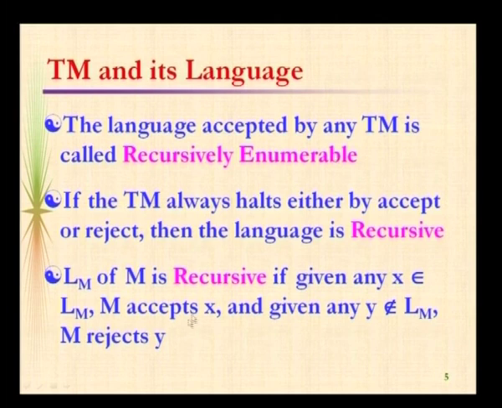Here is another way of representing a recursive language. Let L(M) be the language of the Turing machine M. It is called recursive if, for any x belonging to L(M), M accepts x, and if some string y is not in the language of M, then M rejects.